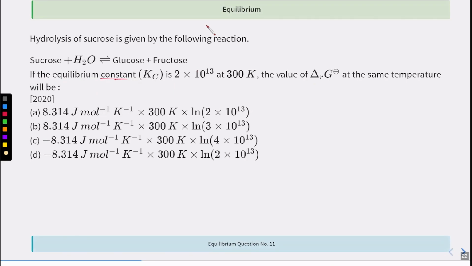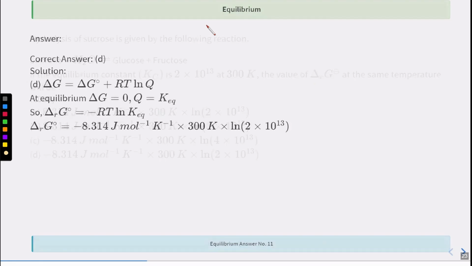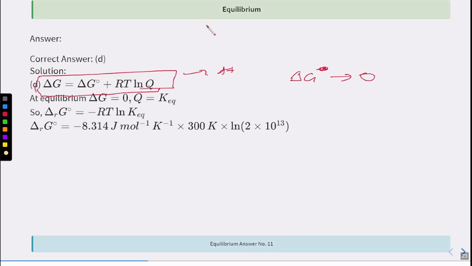So they are telling that the equilibrium constant is there, and hence we are identifying that to be equilibrium. So your delta G becomes 0. Then you just have RT ln of K, where Q is your equilibrium constant.